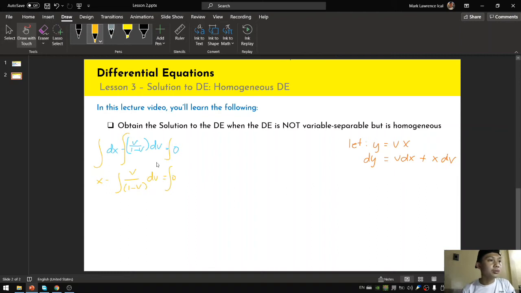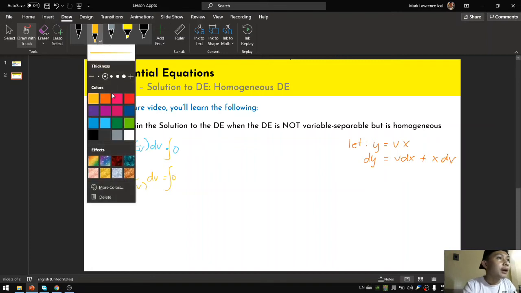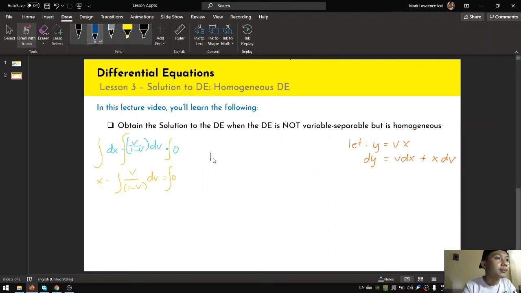Alright, so this is a bit tricky. Okay, so can we try this one? Manipulate. So, let u is equals to v. Or, we arrange this one.